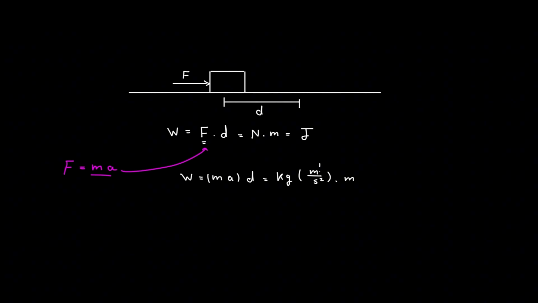Here the exponent is 1, and here the exponent is 1. During the multiplication, we sum the exponents. Then we say that the work equals kilogram times meter squared per second squared, and all this will also give me a joule.